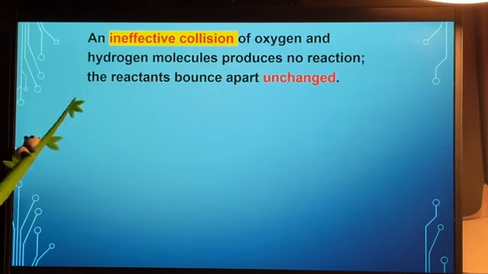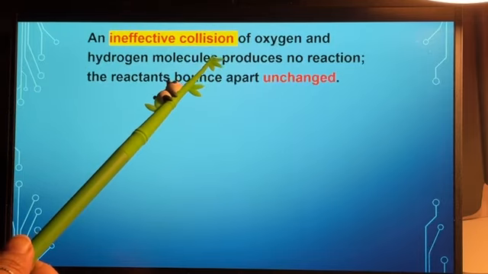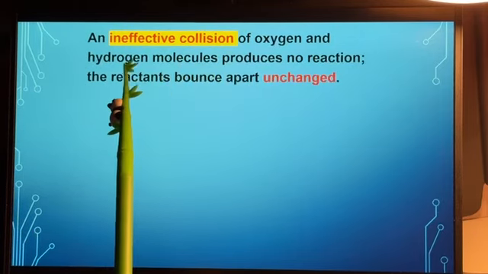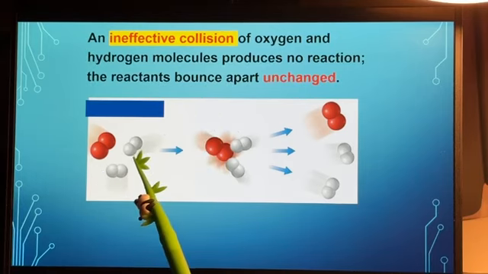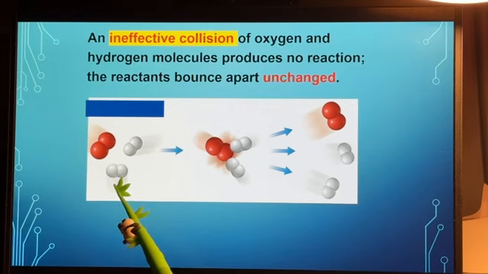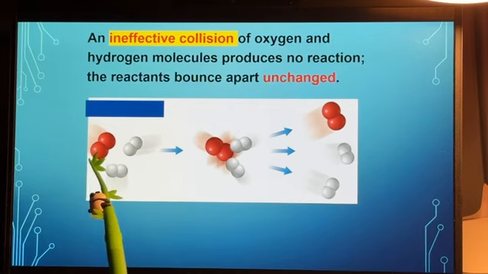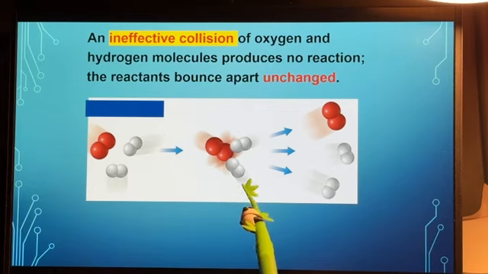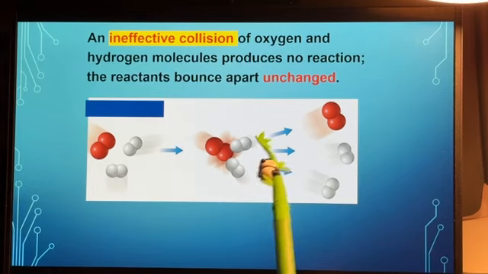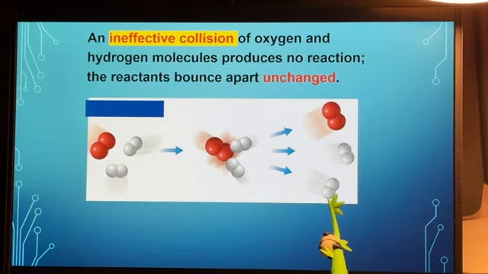And what do you understand by ineffective collision? If my collision is ineffective, the molecules of hydrogen, the white color ones, and the red color oxygen, you can see they are just bouncing or touching each other and going back in the same direction.